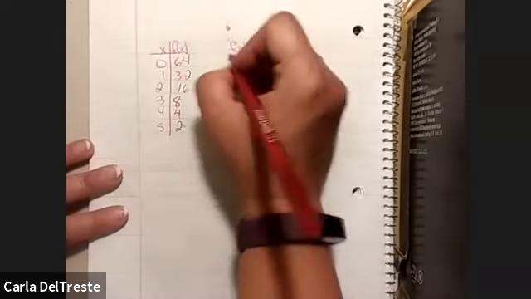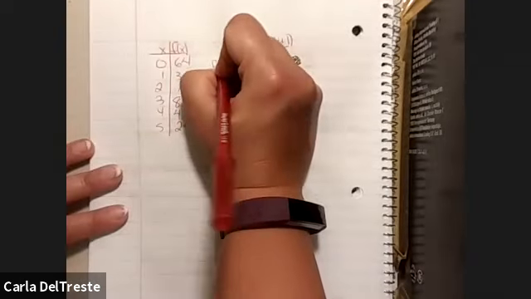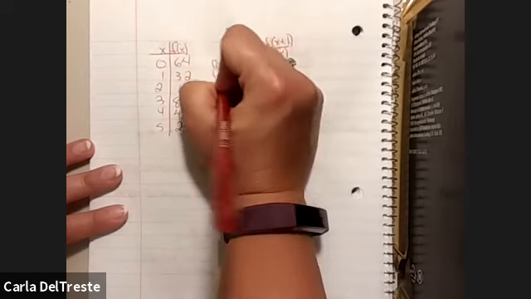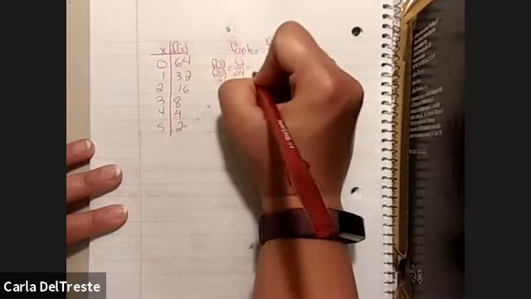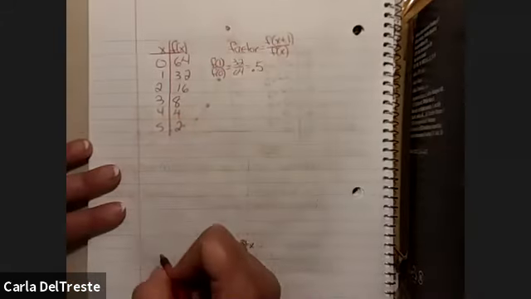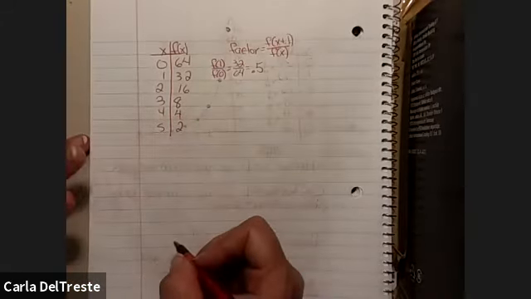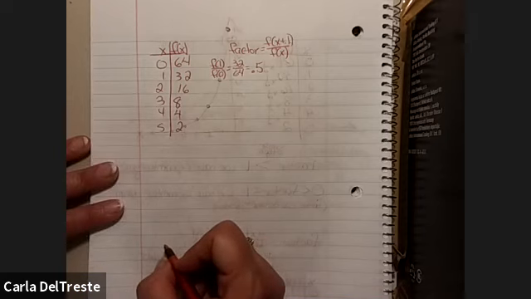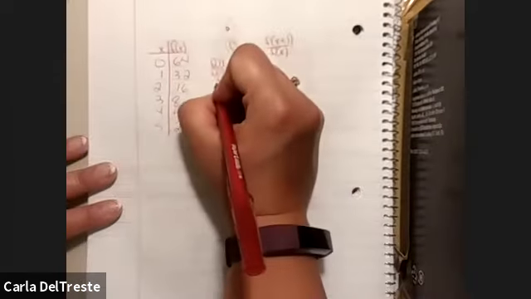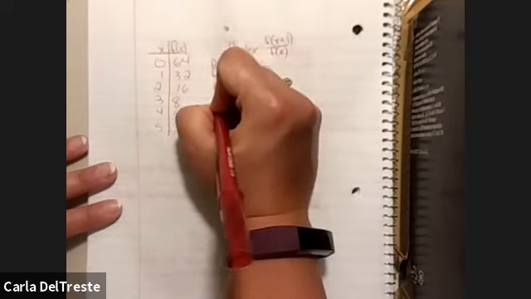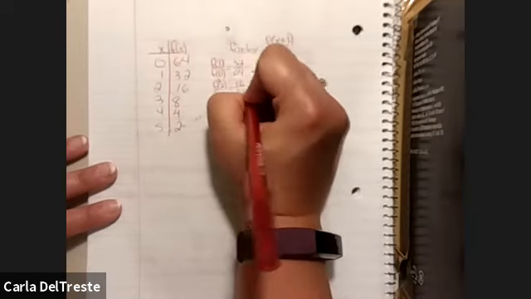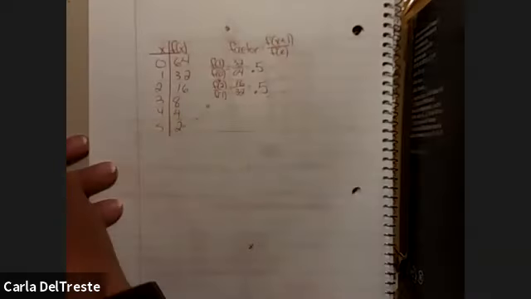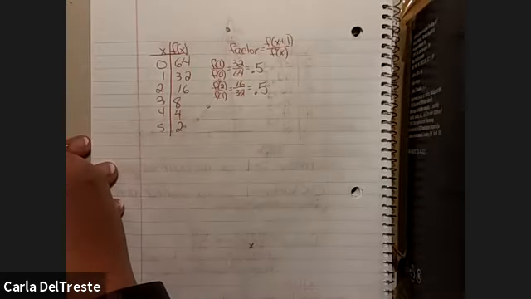So I want to take f of 1 divided by f of 0, which will be 32 over 64. You can do that in your calculator. That gives me 0.5 or 1/2, depending on if you want to leave it as a decimal or a fraction. f of 2 divided by f of 1. That's going to be 16 divided by 32. Calculator will tell me that's 0.5 or again, 1/2.